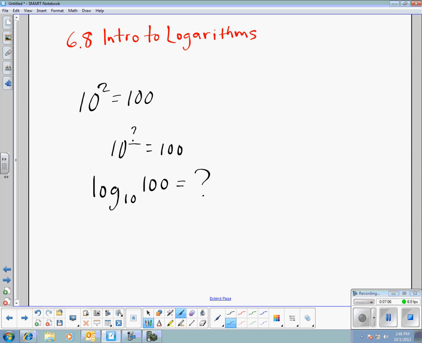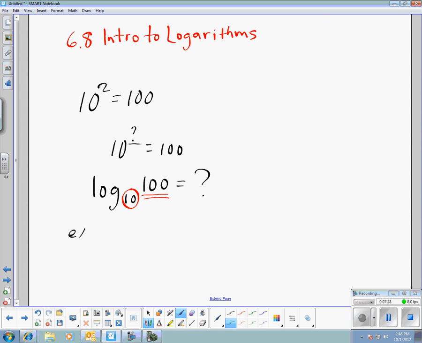Okay, log is a way to write an exponential backwards. It basically means what do I need to raise this base to get this answer? Okay, and with this first example, it's easy because we know that 10 squared is 100, so that's an easier answer to come up with.